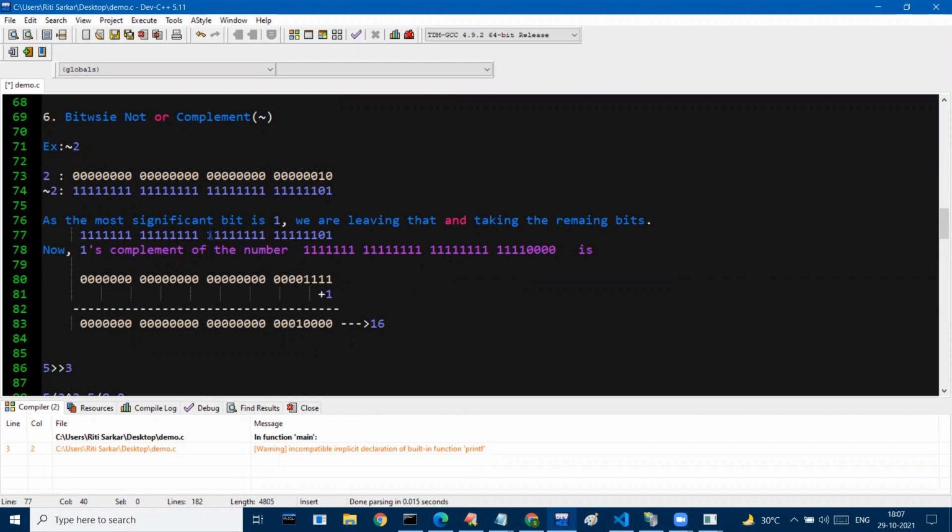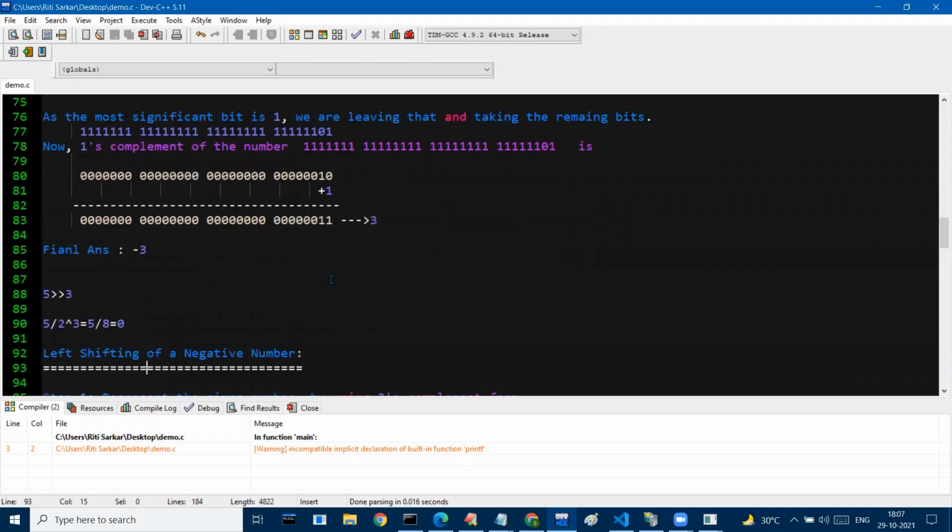Take the complement of the number, this is all 0, lastly 1 0. 1 0 plus 1. What is that? 1 1. What is that? 3. But is 3 the answer? No. Final answer is -3.